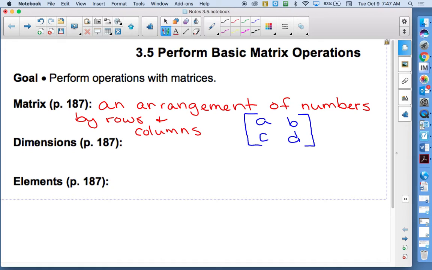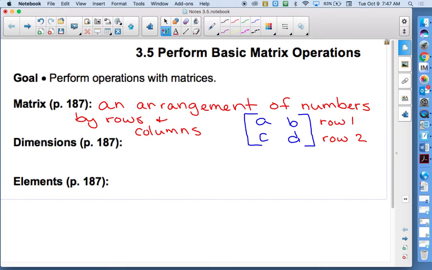So a row goes left and right. Here would be row 1, here's row 2. A column goes up and down. Think of a column holding a building up. A column is vertical. The Colosseum has a whole bunch of vertical pillars. A pillar is something that holds up a building, and columns are the ones that go vertical.